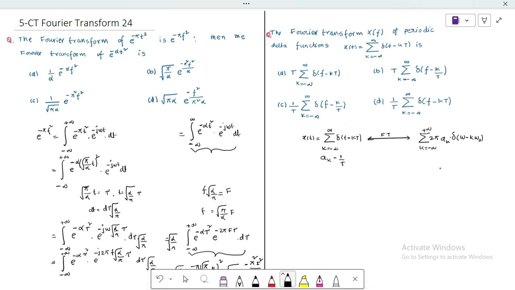So in linear frequency, this is for the angular, means in terms of omega.